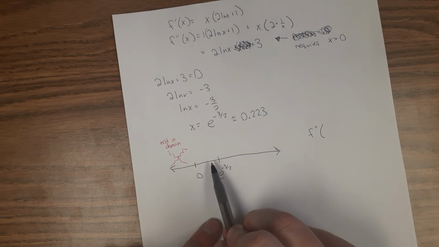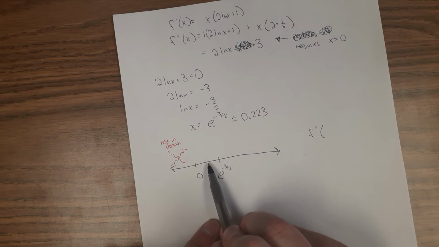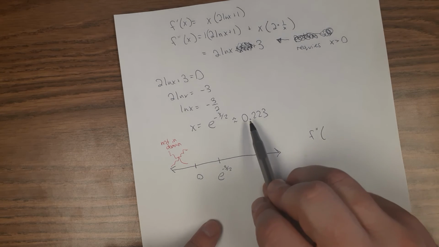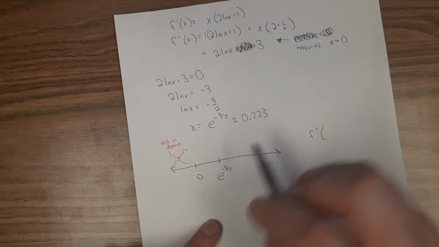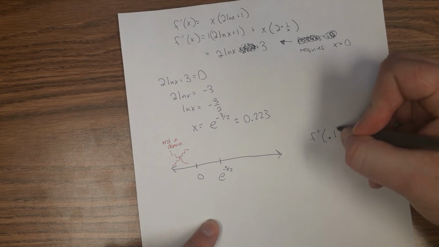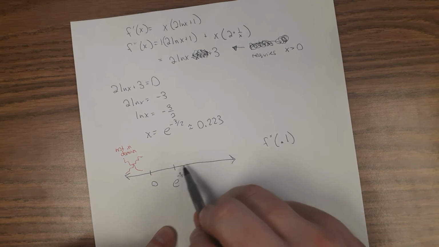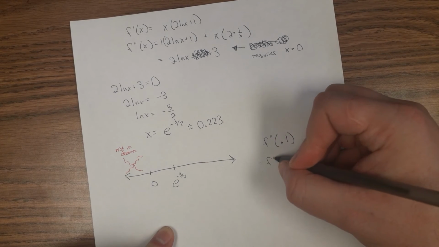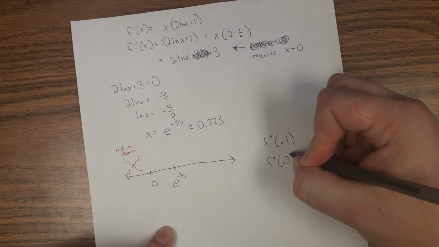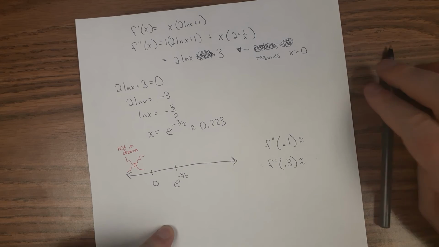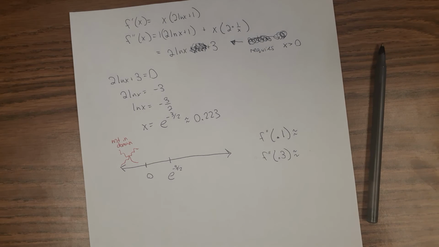To put a plus or a minus here, I should plug in something in here. This number is about 0.2. Why don't I plug in 0.1? And I'm plugging it into the second derivative. To fill this in, maybe I'll do f double prime of 0.3. And I am just going to use a computer to do these.